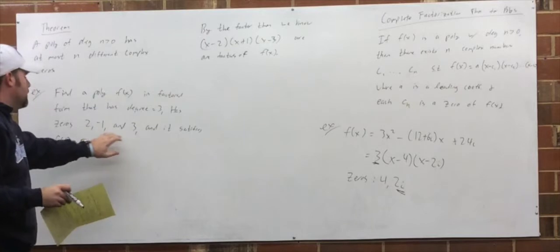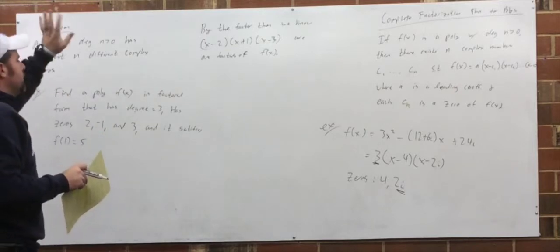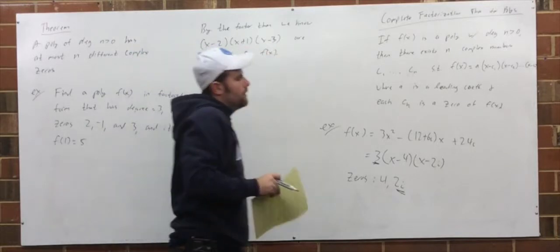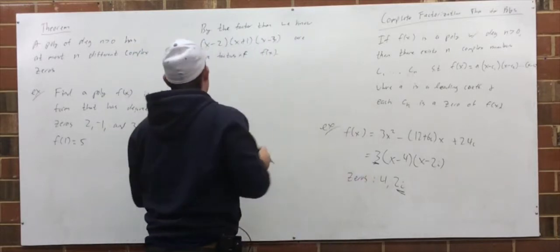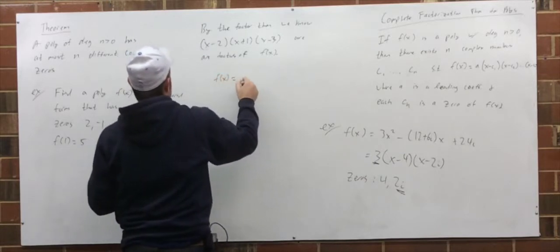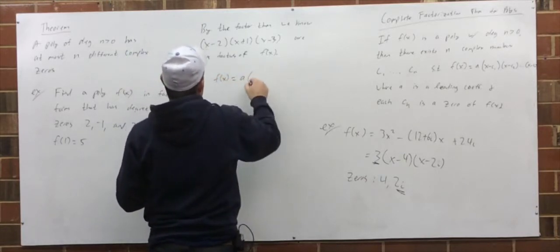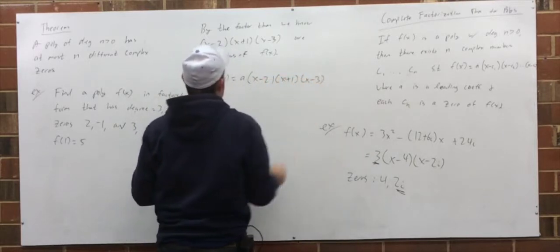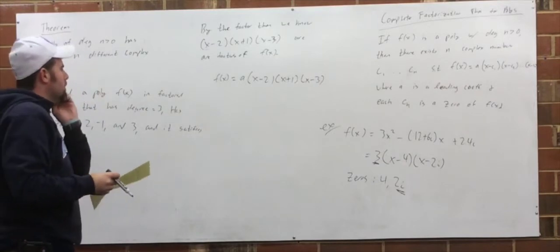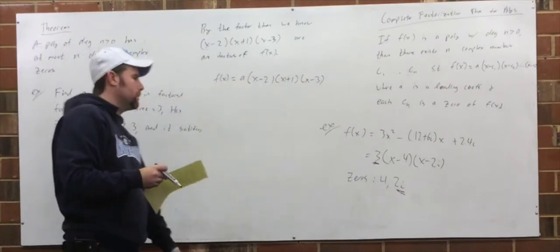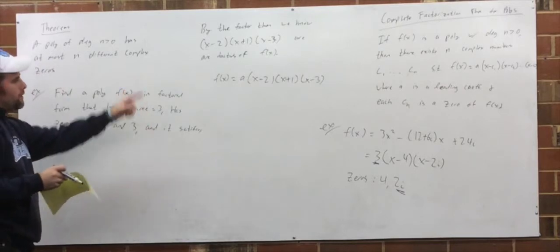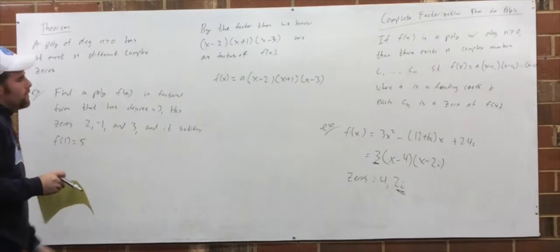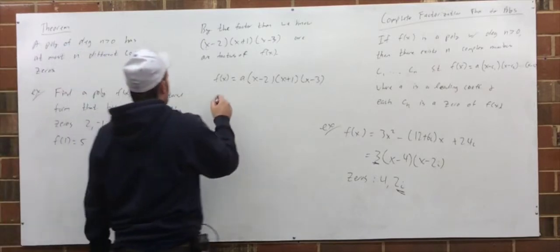We're told that these are zeros, right? And the factor theorem says, well, if these are zeros, then the remainder has to be 0, and therefore these are factors. So we can go ahead and say f of x, this is what we know up to this point, equals a times x minus 2, x plus 1, x minus 3. So we need to figure out what a is with the rest of the information. Well, we know it has degree 3, we're good with that. The other part that we know is f of 1 equals 5.